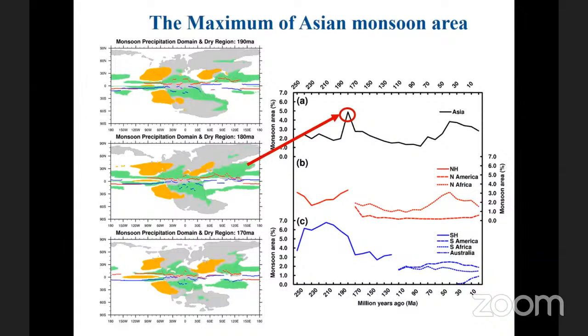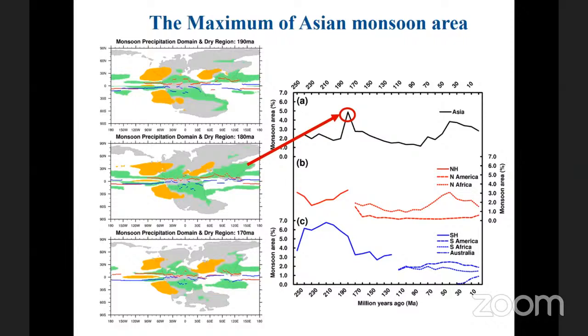Why are there peaks for the Asian monsoon? First, we compare the monsoon region at 190 MA, 180, and 170 MA. We can see for 180 MA, the peak is due to this peninsula or northern China. That's just right.